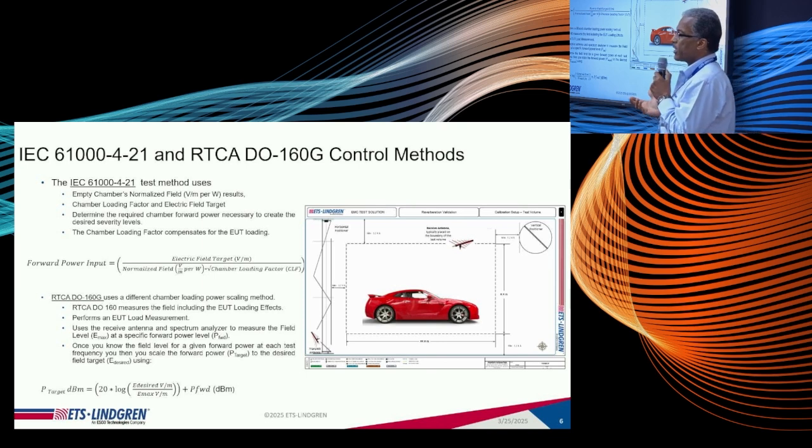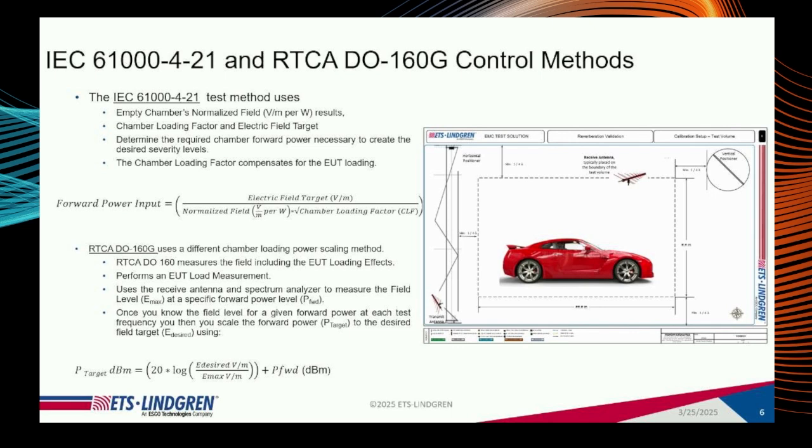In the existing IEC standard, the way the chamber is characterized and used is fairly different to what's suggested in the ISO document. So on the left here, I show the formula that's used for calculating the input power required for your target electric field, based on chamber characterization and normalized field measurement.